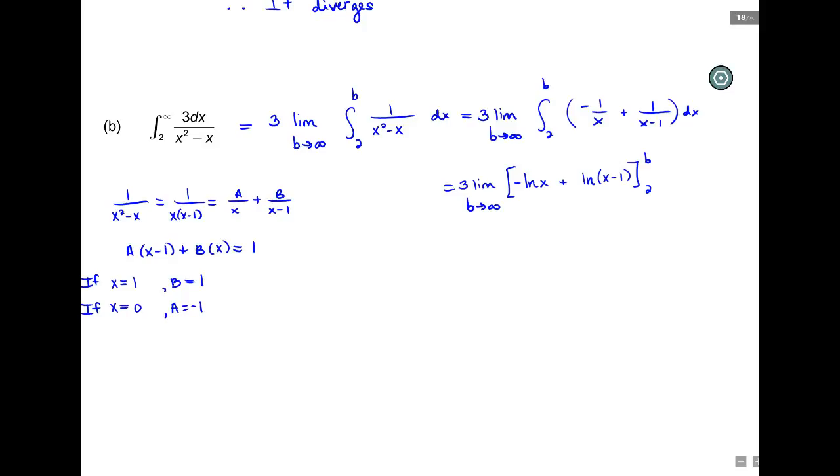Now I could just simplify inside of here, so actually I get 3 limit as b goes to infinity. That's going to be ln of x minus 1 over x. And we want to evaluate this from 2 to b. So now let's evaluate the limit. We have ln, so that's going to be b minus 1 over b, minus ln of 2 minus 1 over 2.